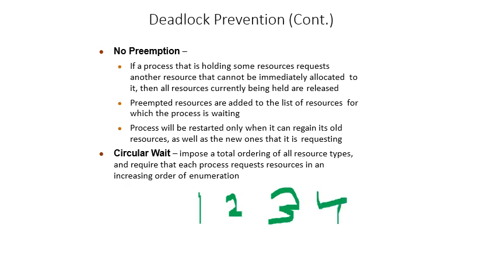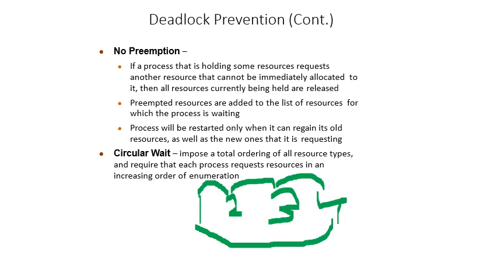P1 is holding one resource and waiting for P2. P2 is holding one resource and waiting for P3. P3 has its resource and is waiting for P4. And P4 has its resource and is waiting for P1. This is called circular wait. This kind of circular wait or cycle shouldn't form, so then we can prevent the deadlock.